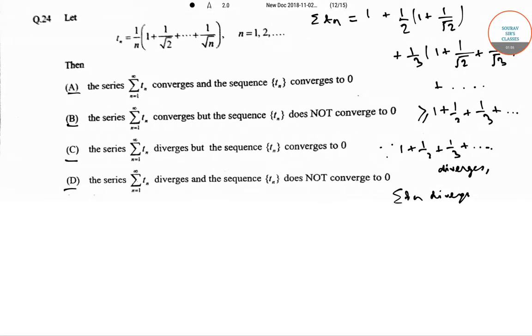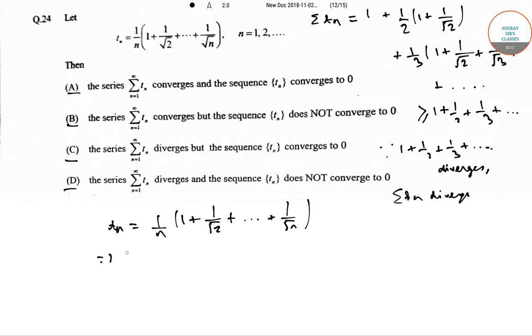And for the sequence Tn, that is the nth term, Tn = (1/n)(1 + 1/√2 + ... + 1/√n).